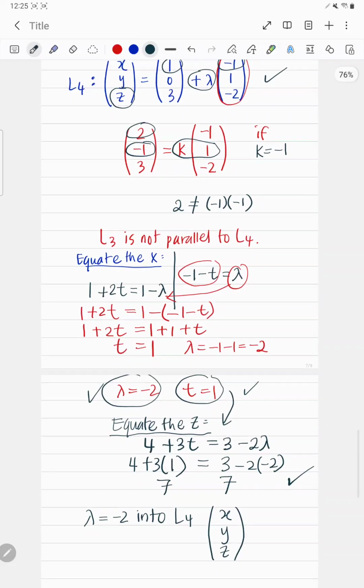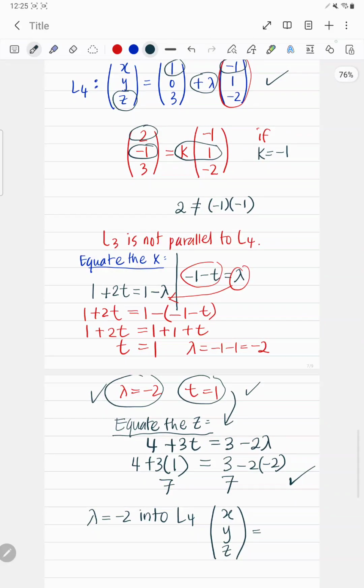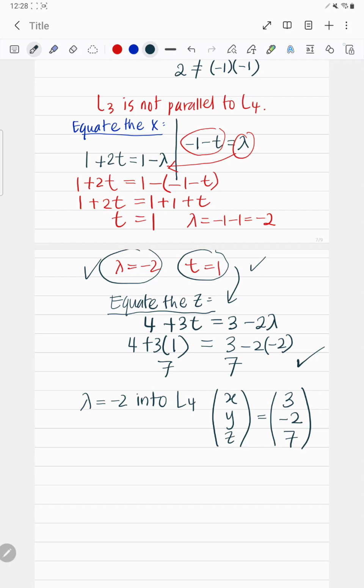The coordinate is (3, -2, 7). Therefore, our conclusion here is line 3 intersects with line 4 at the point (3, -2, 7).